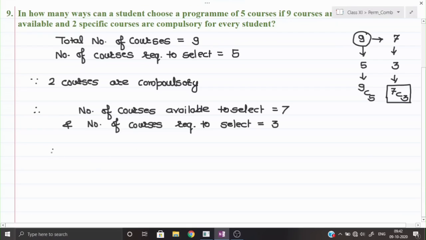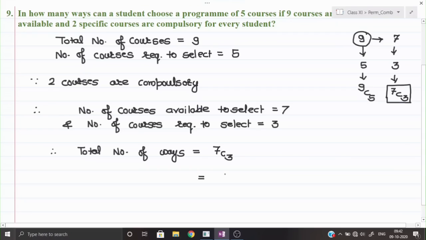So therefore the total number of ways is equal to 7C3.